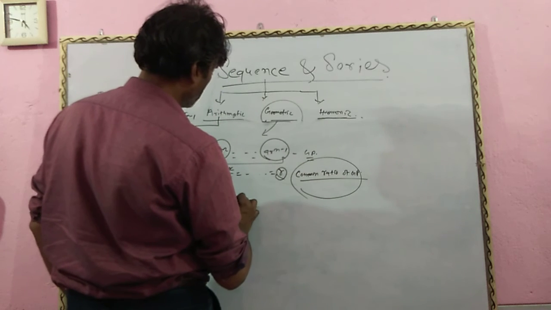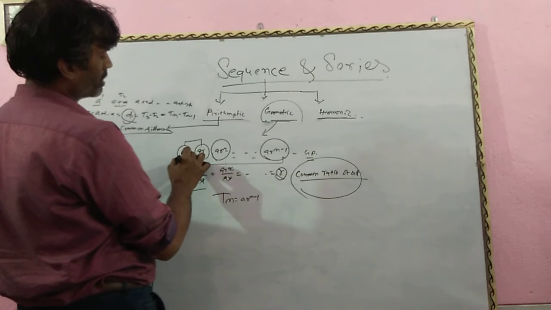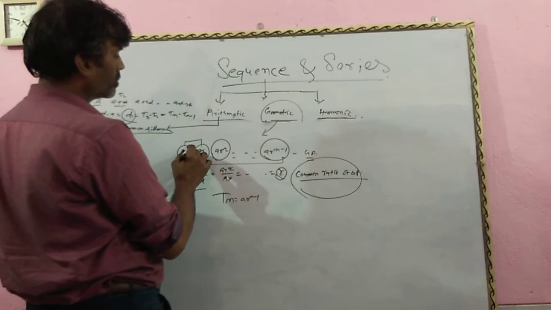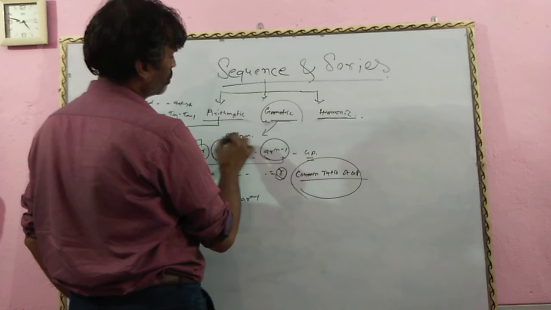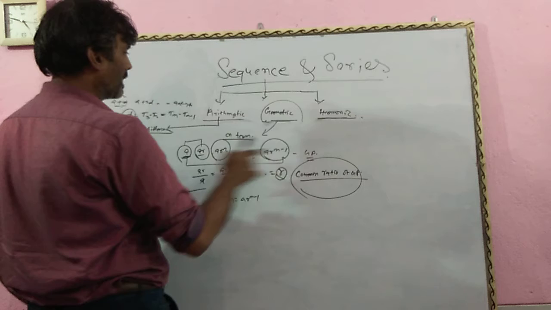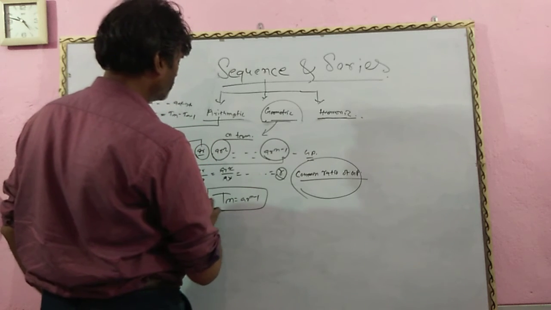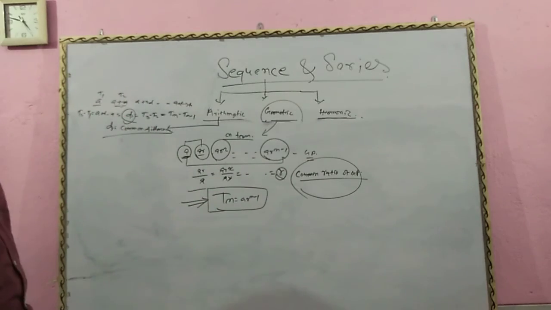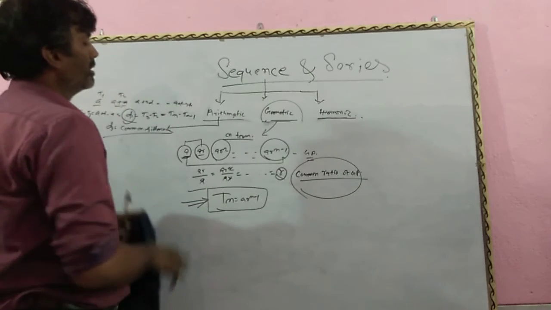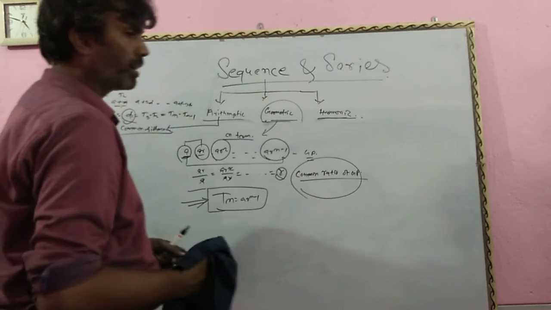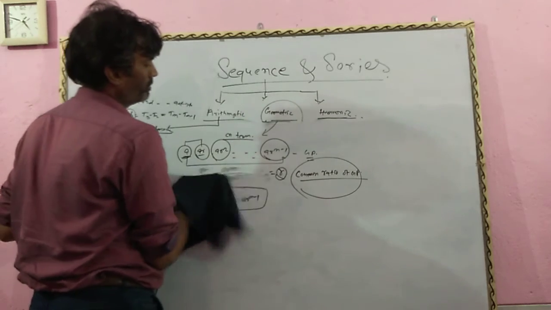So Tn will be ar to the power n minus 1, because in the first term r's power is 0. 0 to n minus 1 means n terms, and the nth term is ar to the power n minus 1. Now we will add these terms so that we could find out the summation of n terms.